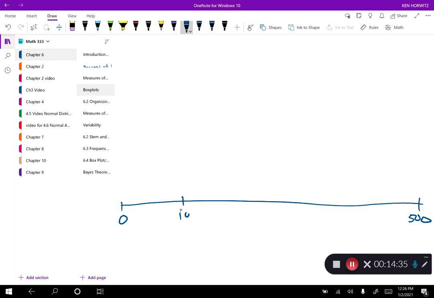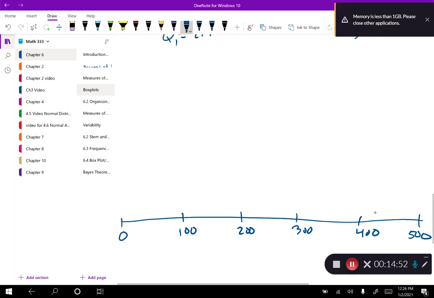And I'm going to make 100, 200, 300, 400. And again, we're going to estimate where these things are going to fall.